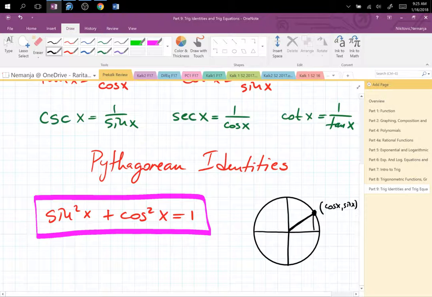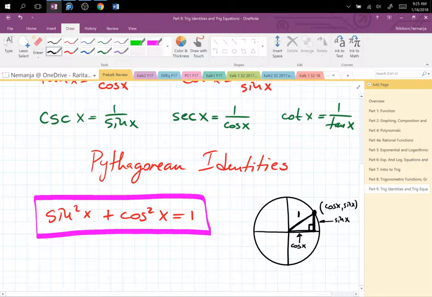So when you drop down this vertical to create 90 degrees for the right triangle that you see, since these coordinates are cosine x sine x, and you know this hypotenuse is 1 because it's a unit circle, you have this one over here and this one over here. So the one on the bottom is cosine x and the one on the side is sine x.